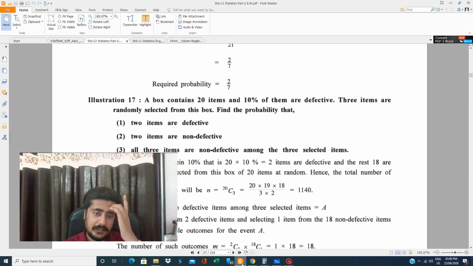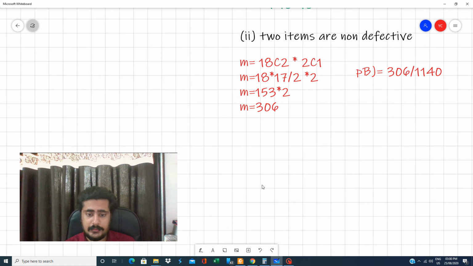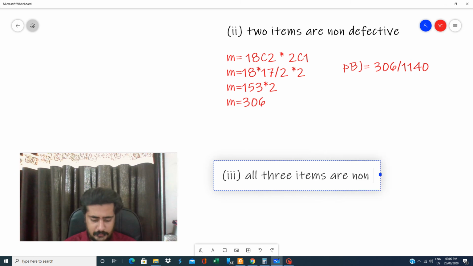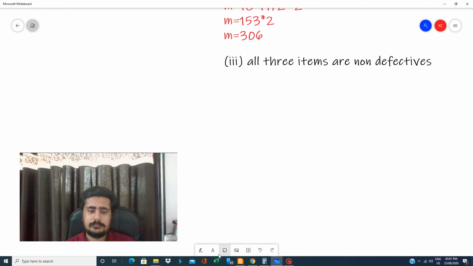Now all three items are non-defective among the selected items.